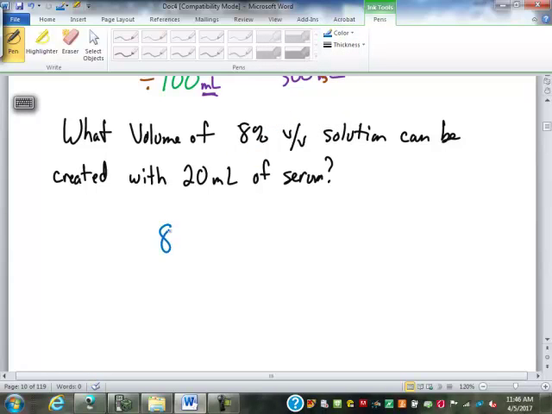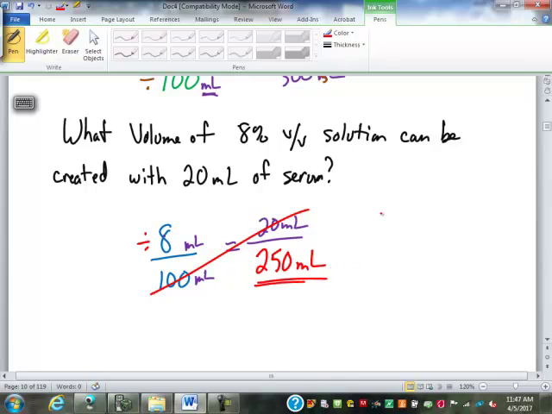So 8% volume in volume means 8 out of 100, and the units on both of those, volume and volume, will be volume units, milliliters. And here, what can be created with 20 milliliters of serum? The 8 represents the serum, so the 20 milliliters of serum has to go on top, and we'll cross multiply and divide. So 100 times 20 divided by 8 creates 250 milliliters of solution. So there's not a whole lot we can do with those.